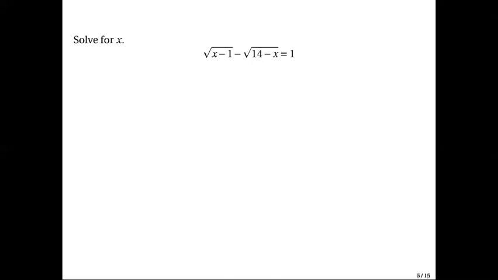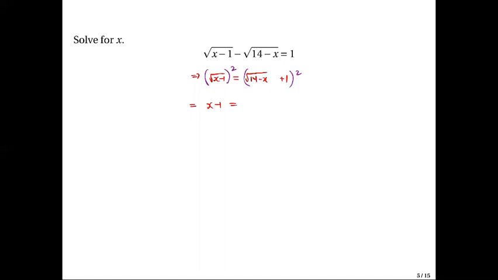So we can rewrite this expression as square root of x minus 1 equals square root of 14 minus x plus 1. And then we do the squaring here. On the left-hand side, we'll just have x minus 1. On the right-hand side, we use binomial expansion.